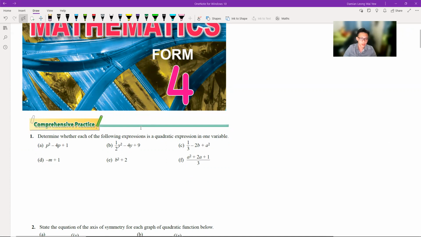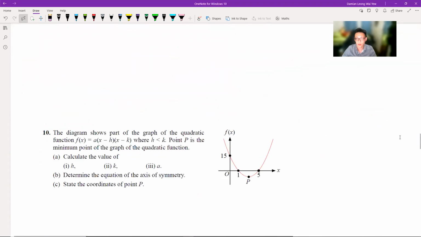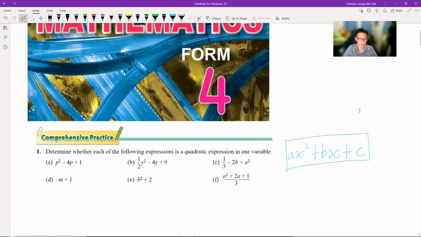So all quadratic expressions basically can be expressed in ax squared plus bx plus c form. Okay, all quadratic expressions definitely can be expressed in this form. Your b and c can be 0.